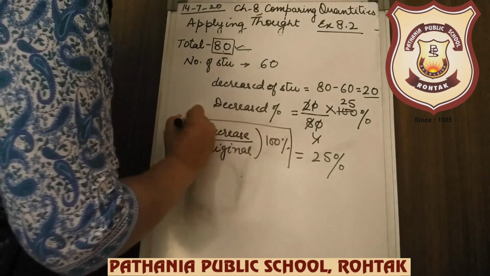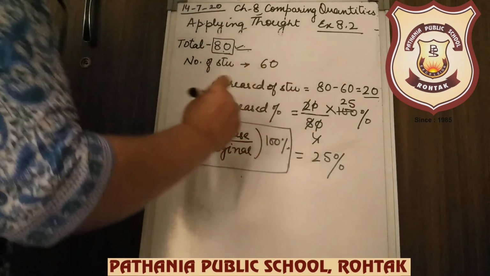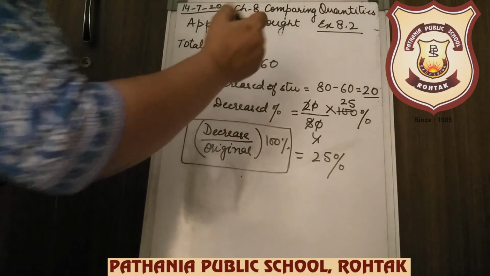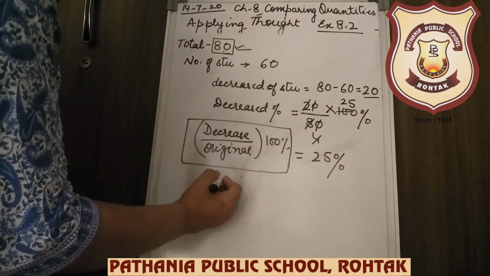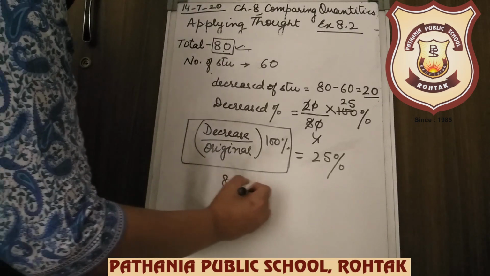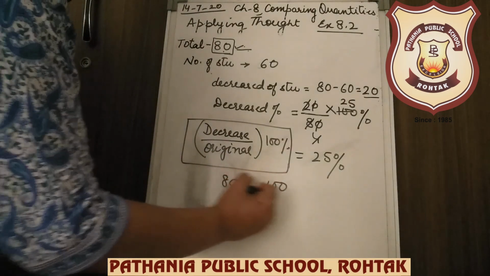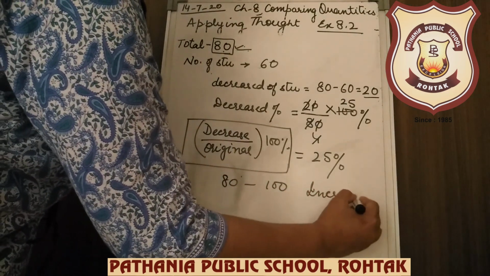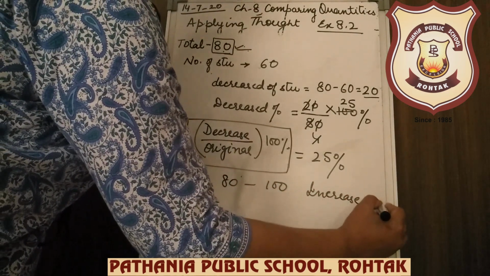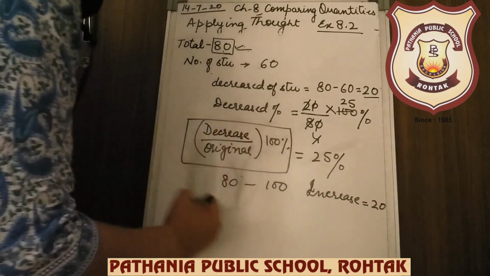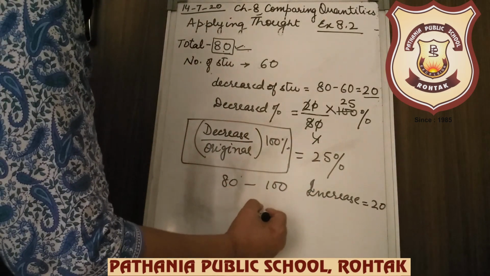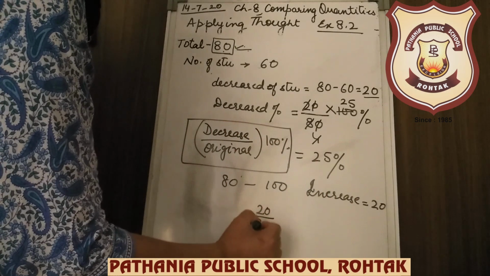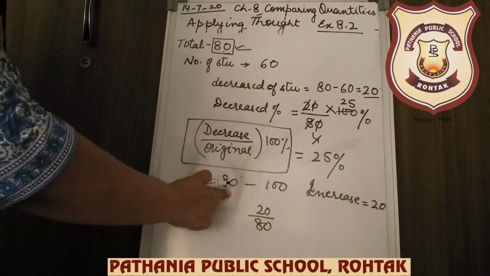This is the formula. And if you have to find the increase, suppose students have increased from 80 to 100. So what is the increase? Increase is again 20. Now what will the fraction be? 20 upon 80, because you are comparing with 80.